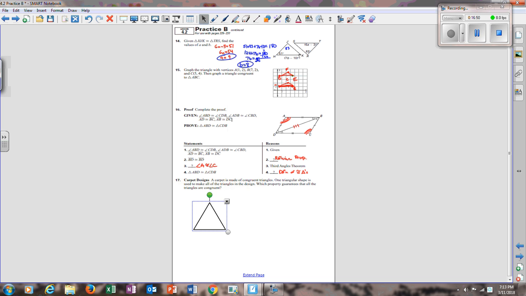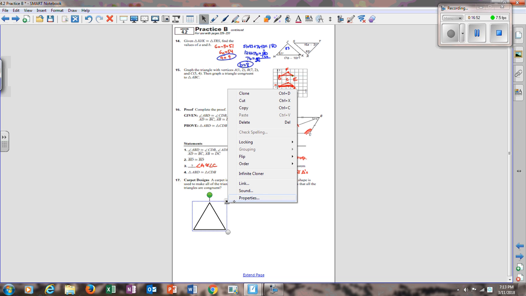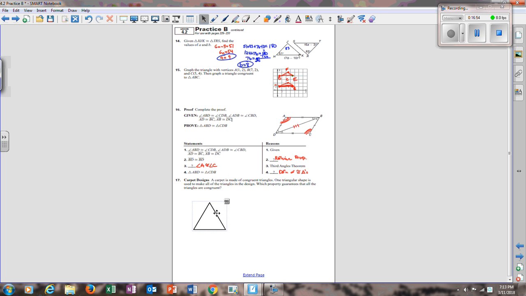And that means I can take this triangle and just clone it over and over again. So we're going to make a carpet out of this. And if they're all made out of one design, I know there's all those carpets from like the 60s and 70s, so you might see carpets like this at your grandma's house or something.